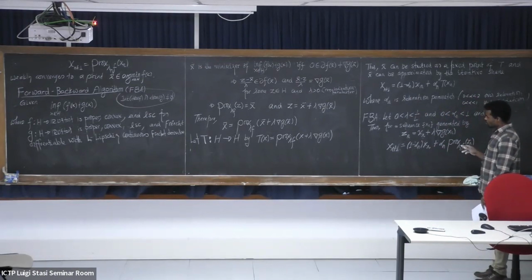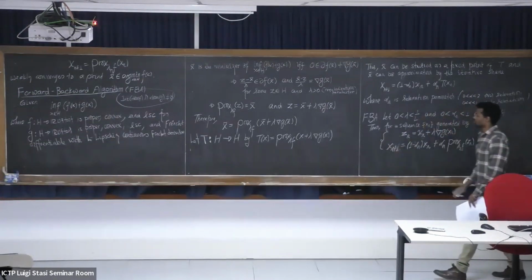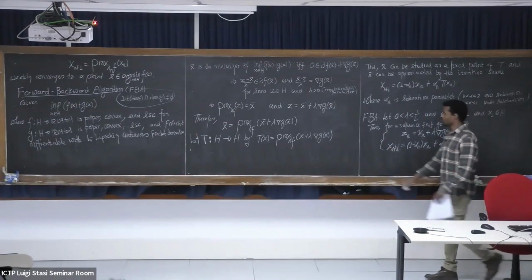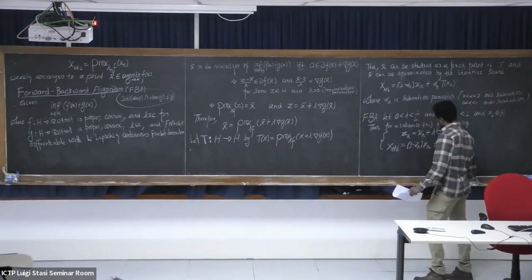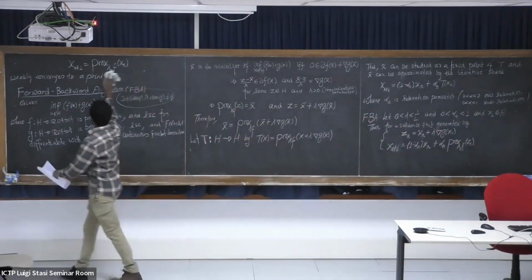The sequence generated by this iterative scheme weakly converges to the solution of that. This is the forward-backward algorithm.